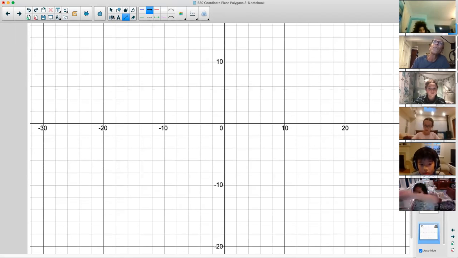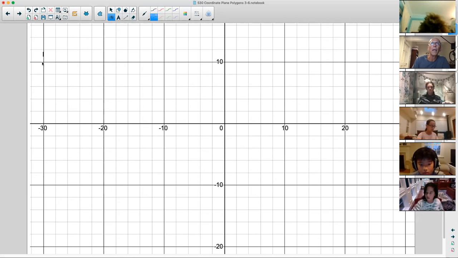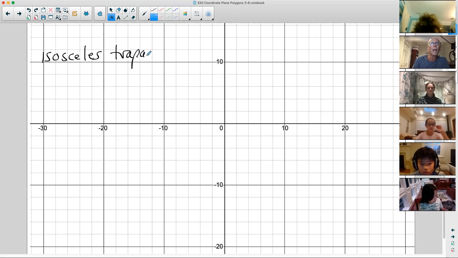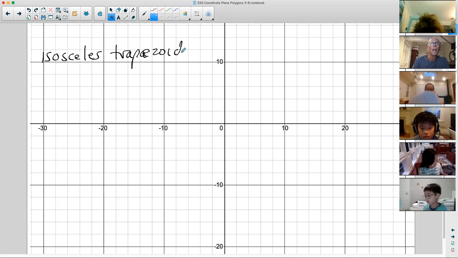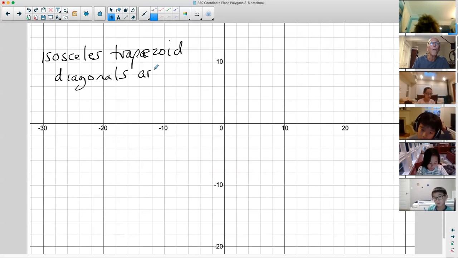Now I want you to try to draw for me an isosceles trapezoid whose diagonals are perpendicular. So you know that the one that I drew for you on page 4, those diagonals are not perpendicular.